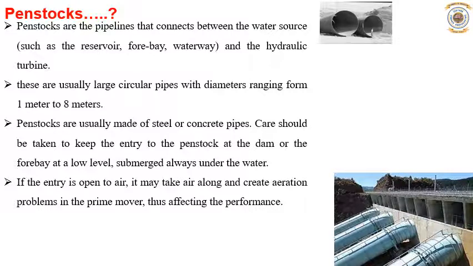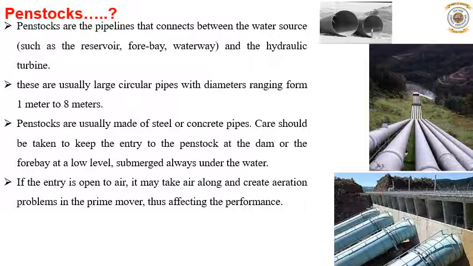If the entry is open to air, it may take air along and create some aeration problems in the prime mover, thus affecting the performance of the turbine and reducing the overall power generation. You can see the figure, the combination of tunnel or penstocks at a high head development.